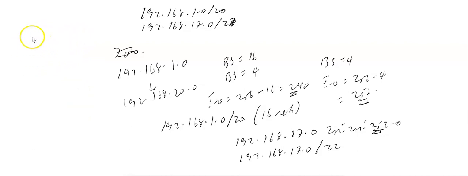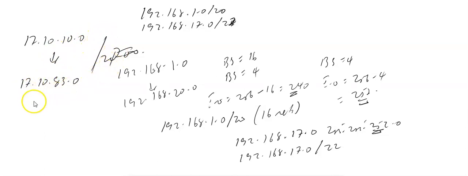If you have to summarize 17.10.10.0 to 17.10.83.0, summarize all this, 17.10.10.0 through 17.10.83.0 using this second method, that is effective route summarization.